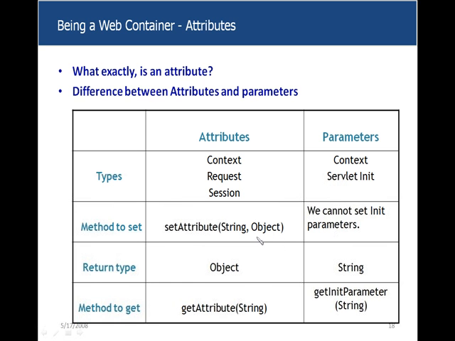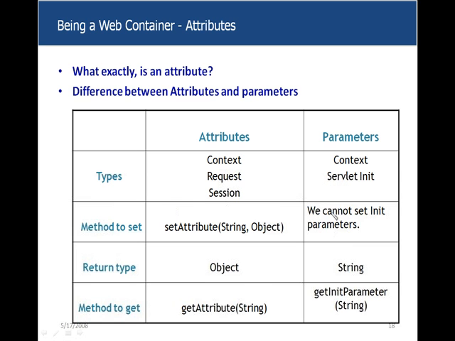That's the actual object you want to store in the attribute. On what object do you call the setAttribute method? You call it on the session object, the request object, or the context object. So you can set a value to the attributes using this key value functionality.